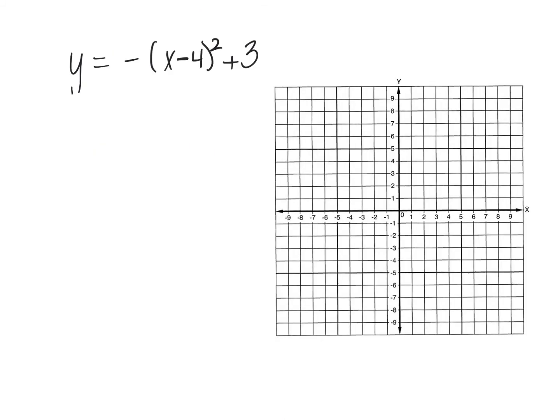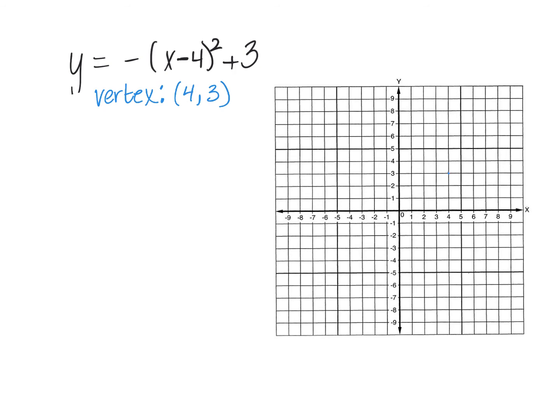So here we have it. Y equals negative x minus 4 squared plus 3. When it's in this form, we have the vertex. So what is our vertex? Positive 4, positive 3. Okay, always opposite sign.